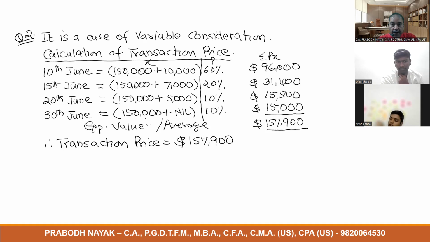So the average price of the entire transaction is around 157,900. As time passes, after 10th June passes, we know that this is not possible. Then after 15th June passes, we know that this is also not possible. Ultimately it will come down to 1,50,000 if it is delivered on 30th June. But on the date the contract is entered into, it is 157,900.